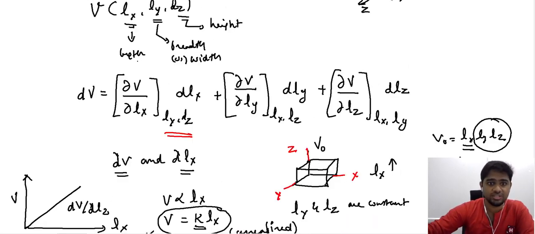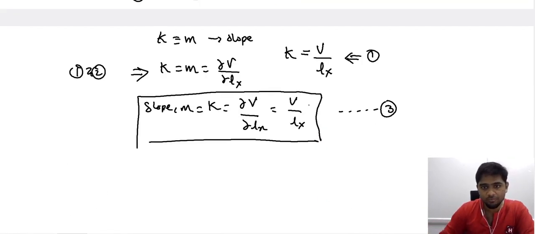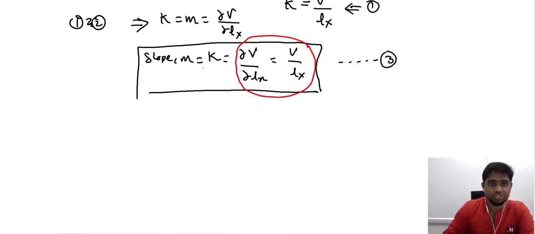This change is nothing but the ratio of the volume and the dimension along that specific direction, for a given instant. So this is the critical relation that we can substitute in our relation for the overall change in the volume.